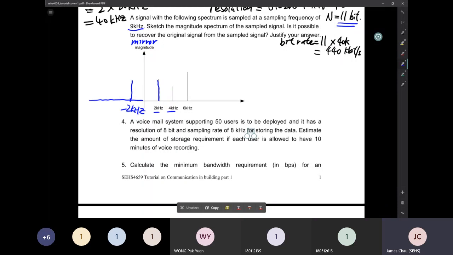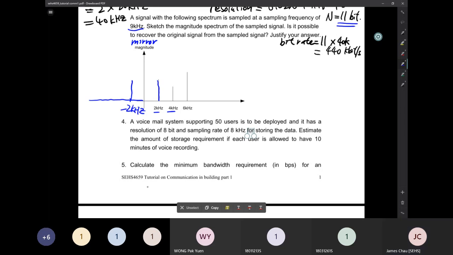And after you make the copies, the whole spectrum you will move to the position at the sampling frequency. Now the sampling frequency is 9 kHz.